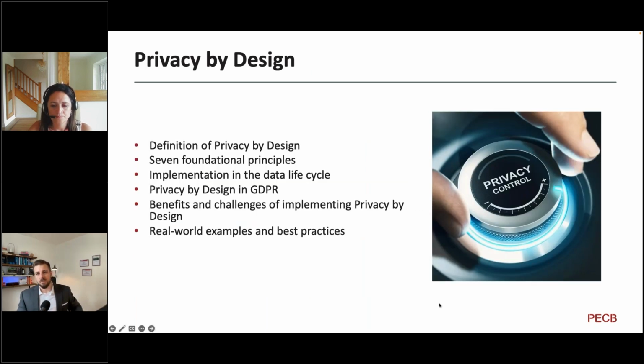So on this slide, we're going to talk about privacy by design. You can think of it in the easiest terms this way: before GDPR was enacted, there weren't many software products out there that offered privacy by design. It was really a niche market.